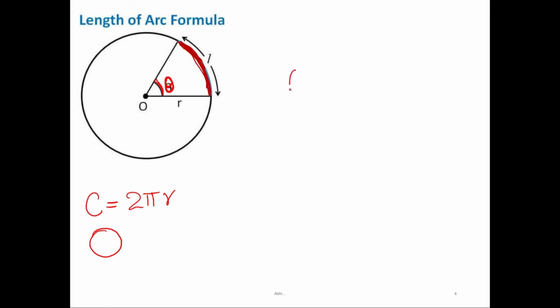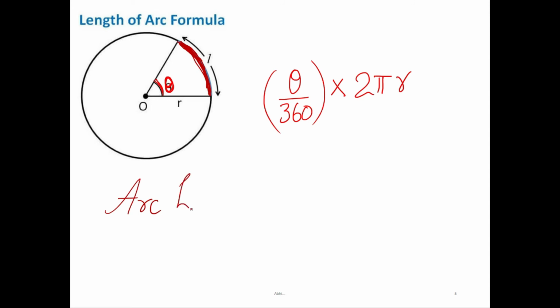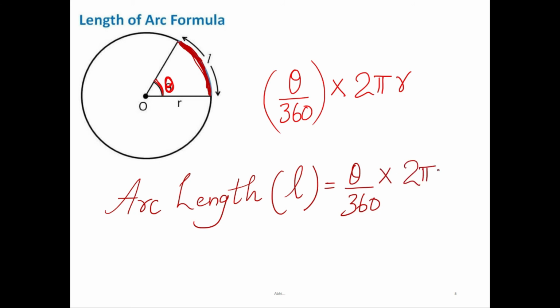So again, taking the fraction, theta over 360 times 2 pi r, which is the circumference of the complete circle. And remember, the letter L is used to denote the arc length.